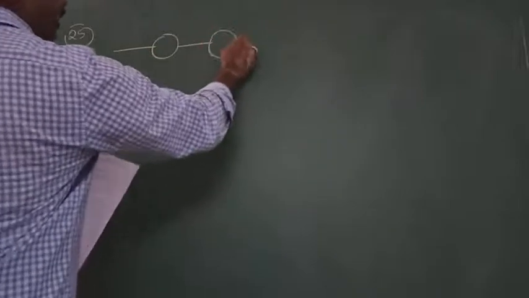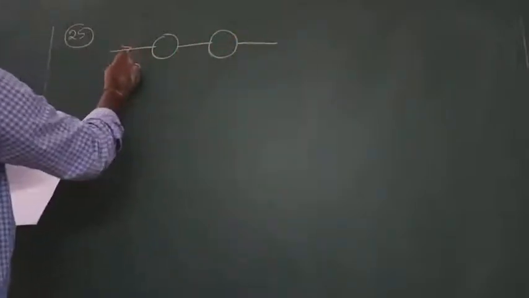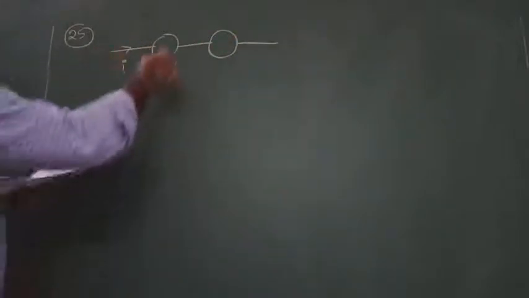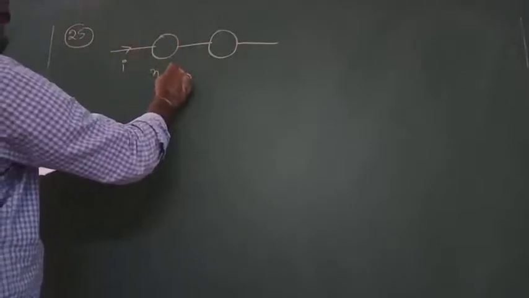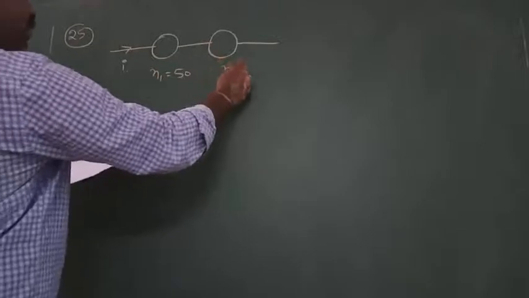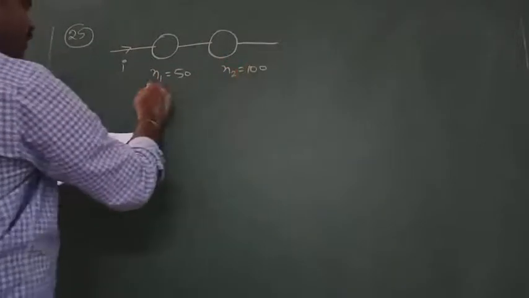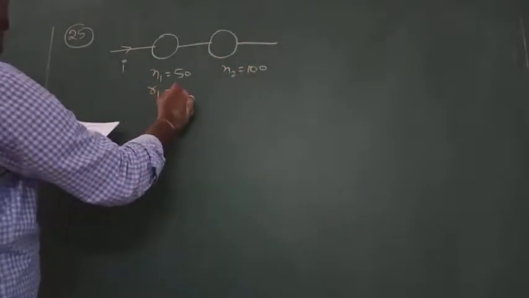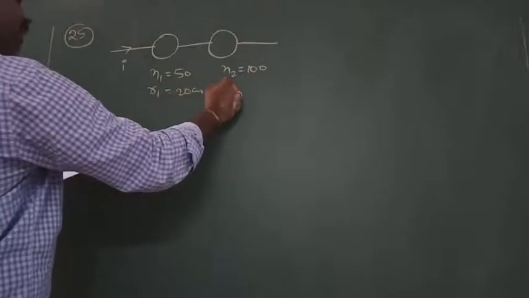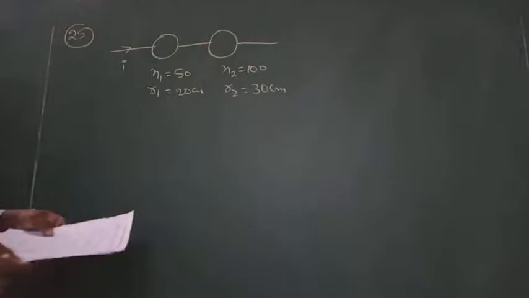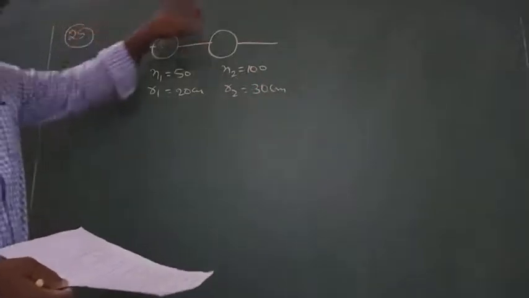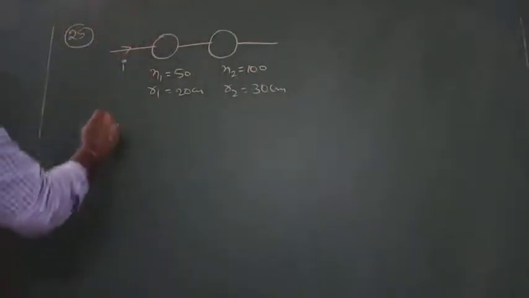Since the two coils are connected in series, the same current flows through both. N1 is 50 turns, N2 is 100 turns. The radius of the first is 20 centimeters and the radius of the second is 30 centimeters.